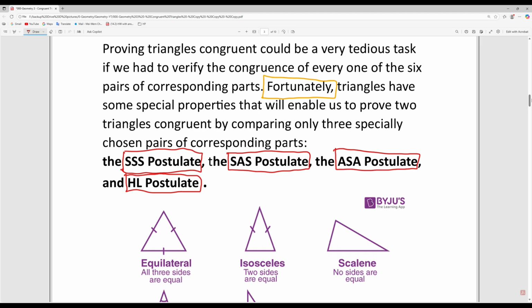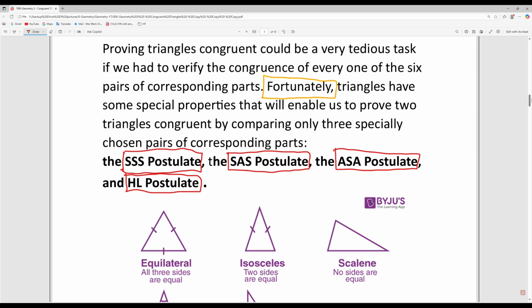You accept the postulate. The problem is, you may say to the teacher, I don't feel those postulates are so obvious to me. I don't feel like they are common sense to me. Yes, I agree.